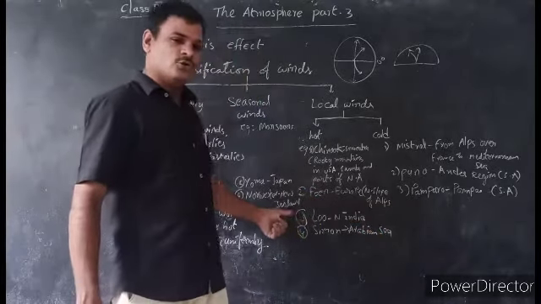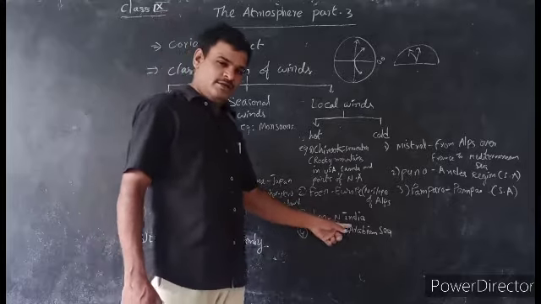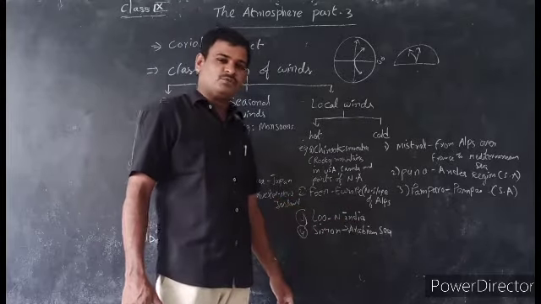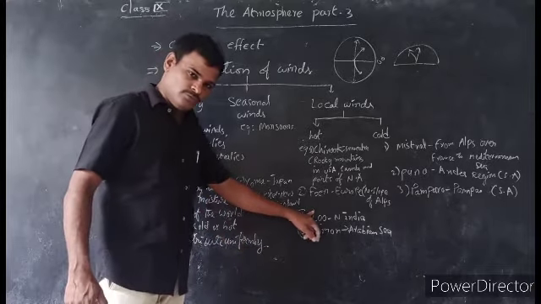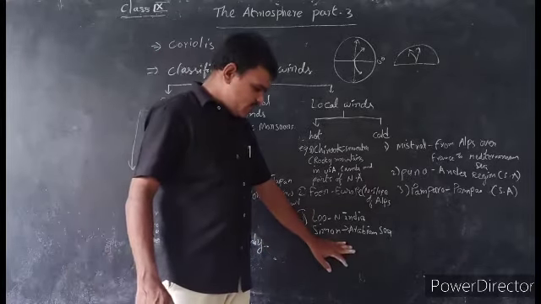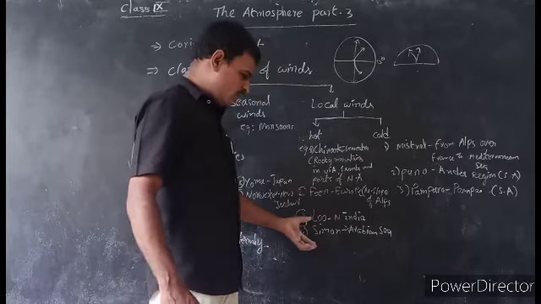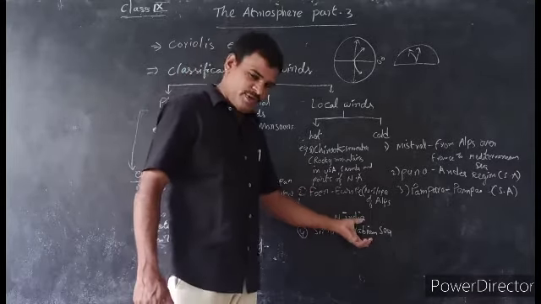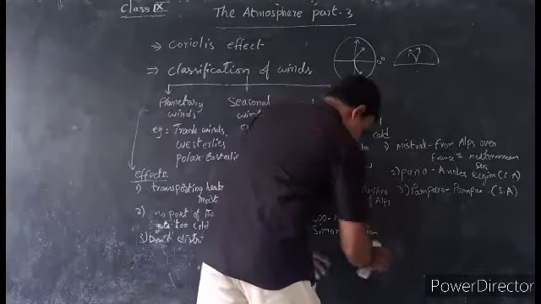And the third one is Loo. About this we already learned in the lesson. In northern India, hot and dry winds blowing over the northern plains are called Loo. Next, Simoon in the Arabian desert, not sea.